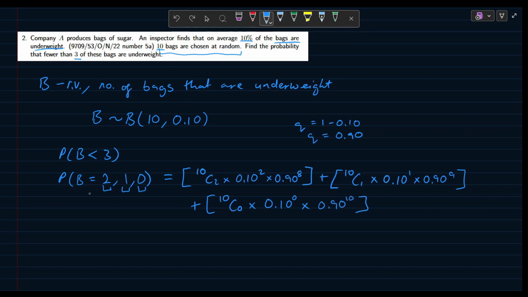Alright, so for B is equal to 0, what you notice is that this is technically 1 times 1 times 0.90 to the power 10. So in general, what we can say for Q, when you've got a random variable x and you're evaluating x is 0, this will be Q to the power n. So you don't necessarily have to show this part, because it's going to be 1 times 1. And this idea may be useful in solving other problems.